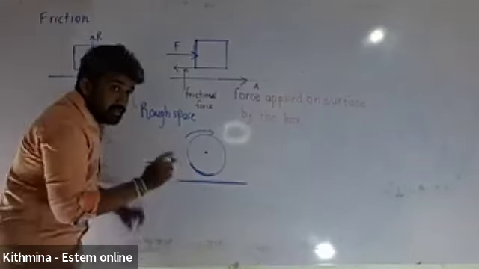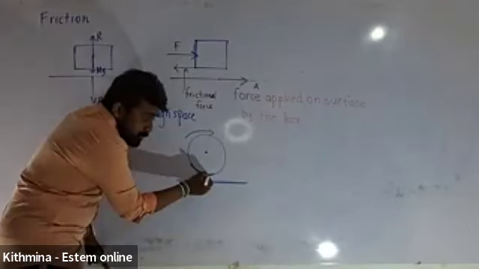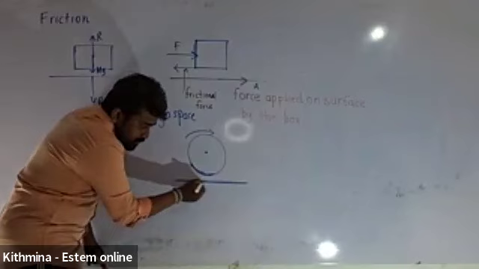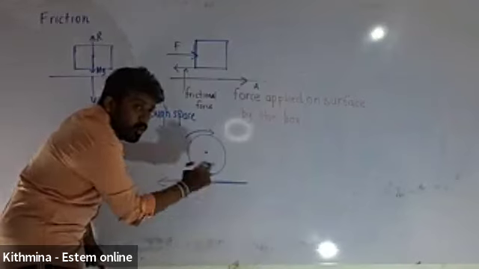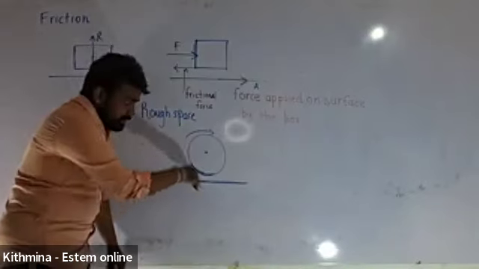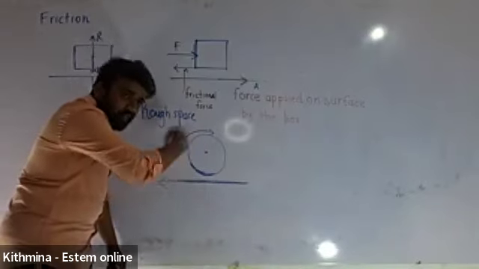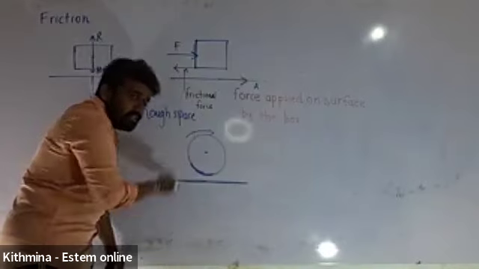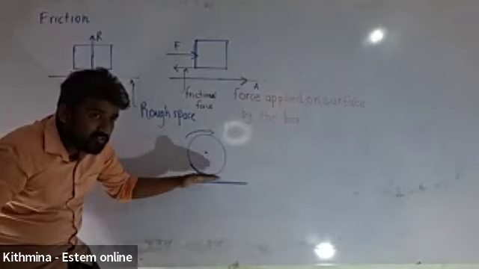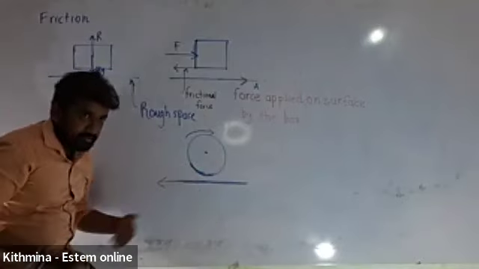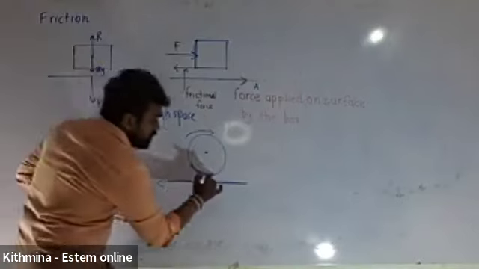Now please think, this point will apply a force in this direction on the ground, because the wheel is rotating in this direction. Then the reaction is in this direction.